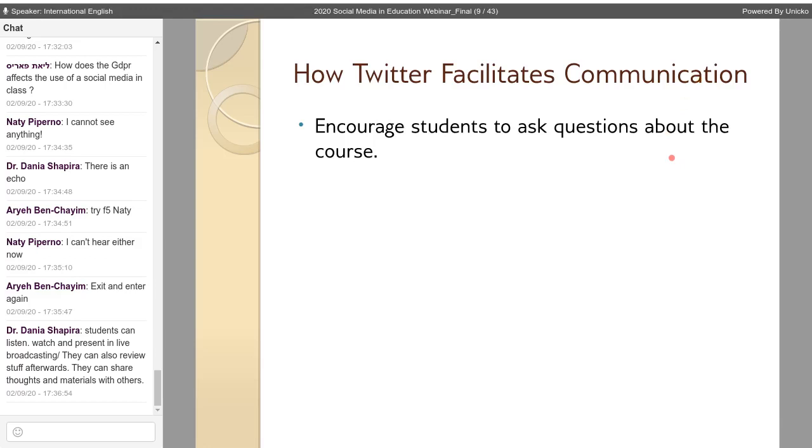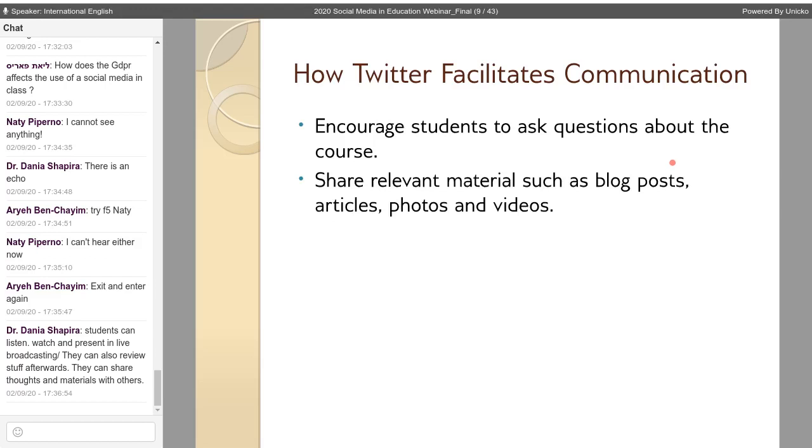So how Twitter facilitates communication, ladies and gentlemen. Twitter encourages students to ask questions about the course, and share relevant materials such as blog posts, articles, photos, videos. So it has both academic or pedagogical value as well as administrative benefits.